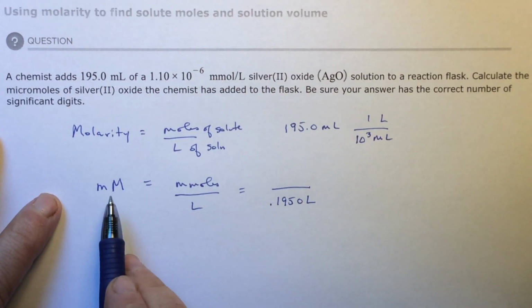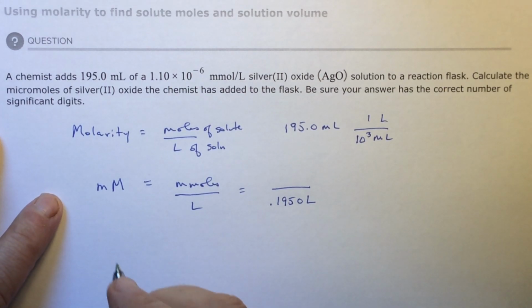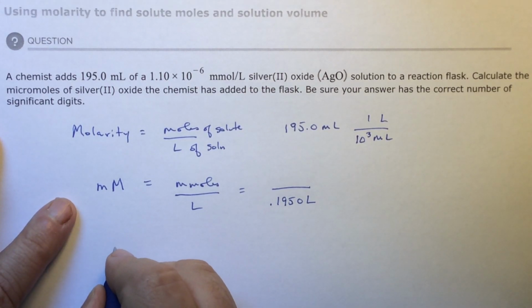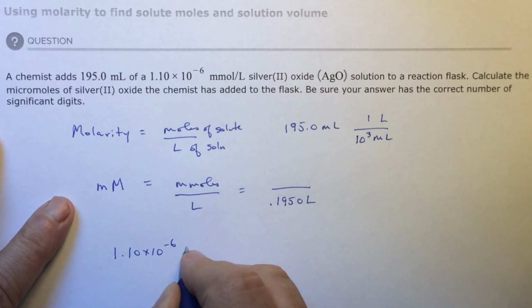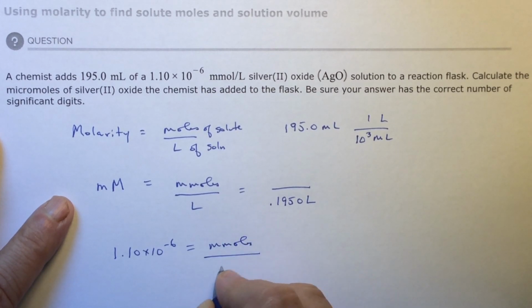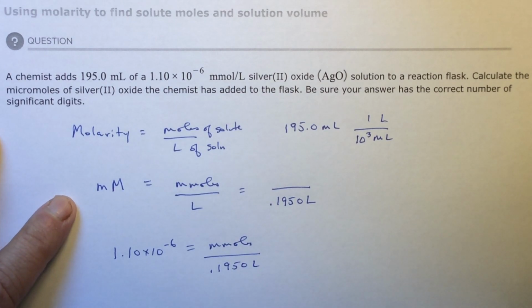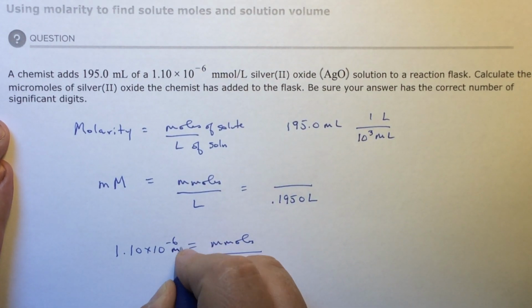So what am I given? I'm given the molarity. So I'm given 1.10 times 10 to the negative 6 equals millimoles over 0.195 liters. Okay, so let's solve for millimoles. Let's get it by itself. Let's move this up. So this is a millimolarity.